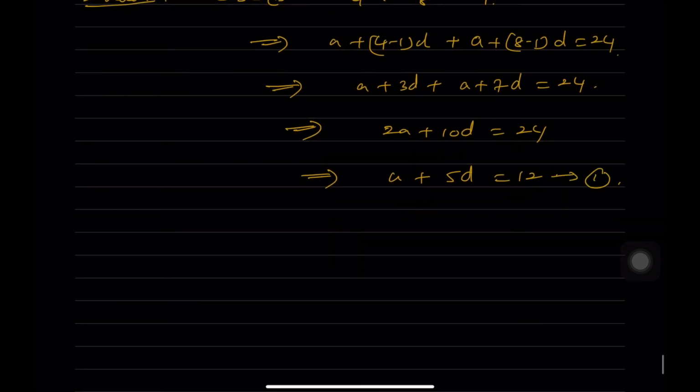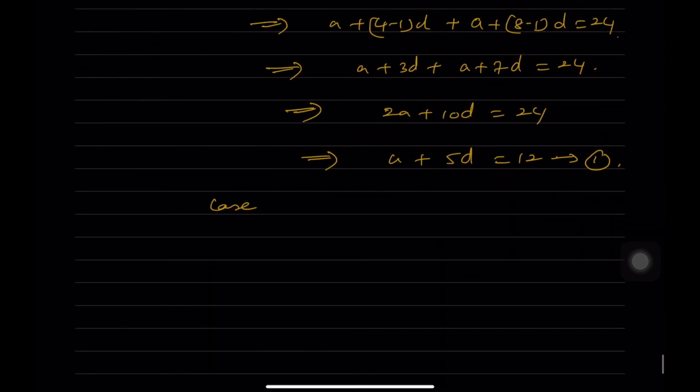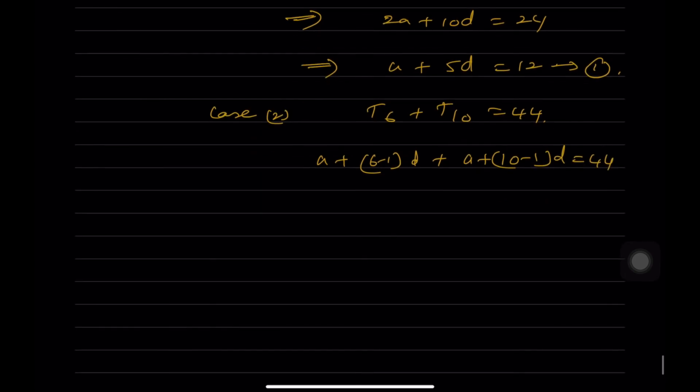Now next, case 2, you are having T6 plus T10 is equal to 44, that is A plus 6 minus 1 into D plus A plus 10 minus 1 into D is equal to 44, or you're getting A plus 5D plus A plus 9D is equal to 44.